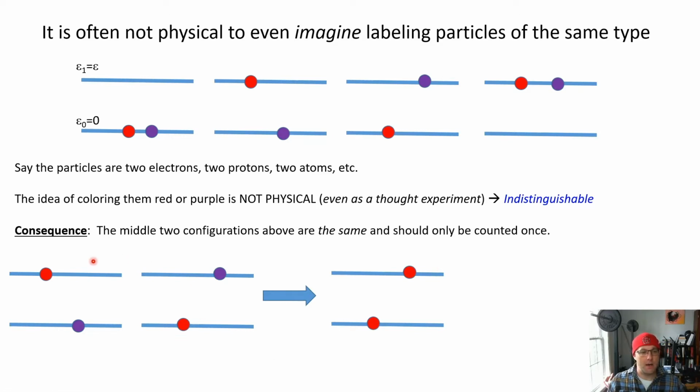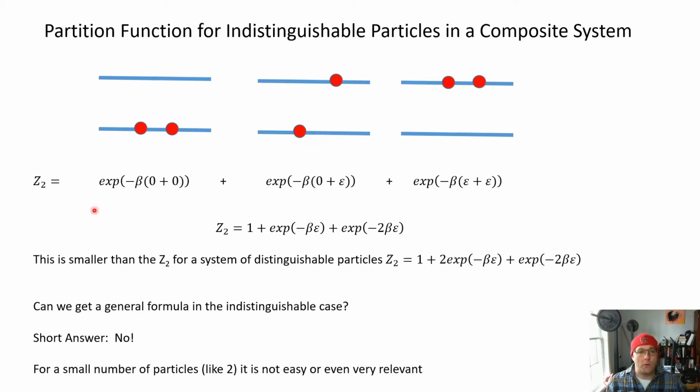And so you can't count these two as distinct. There's only one diagram that matters here. Right? One particle in the ground, one particle in the excited. It doesn't matter which is which. There's no experiment you could do that could distinguish a circumstance where you had swapped these two particles for one another.